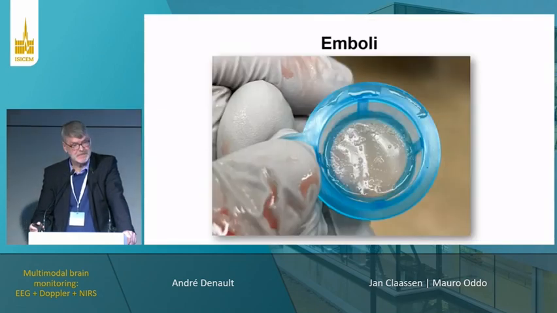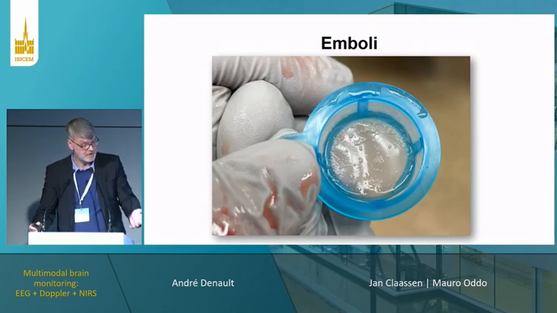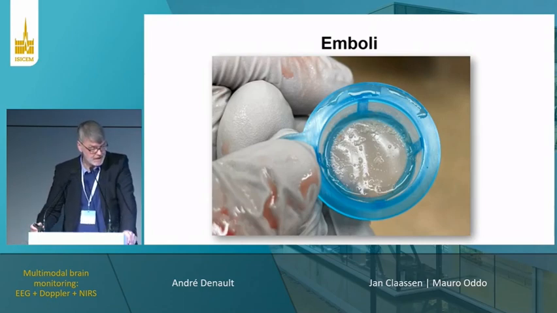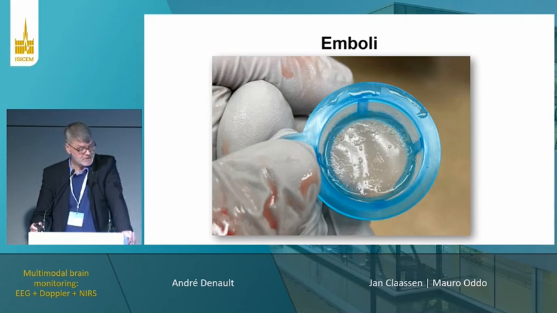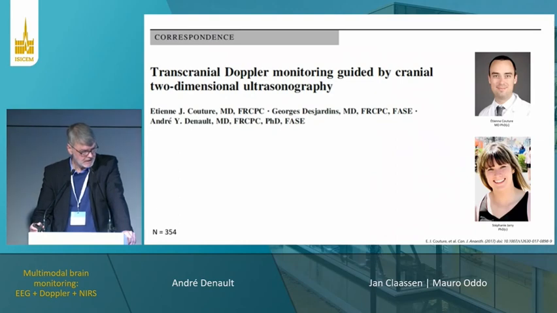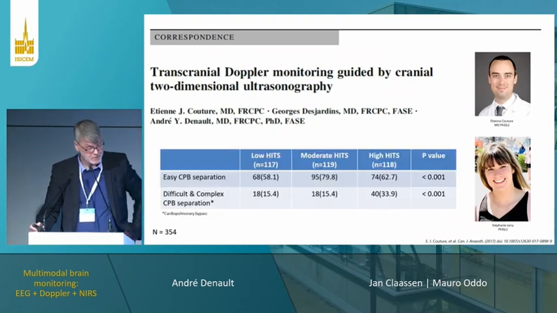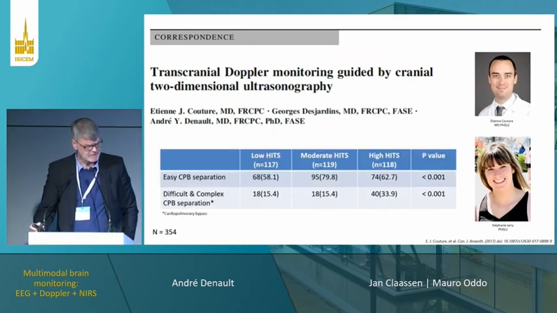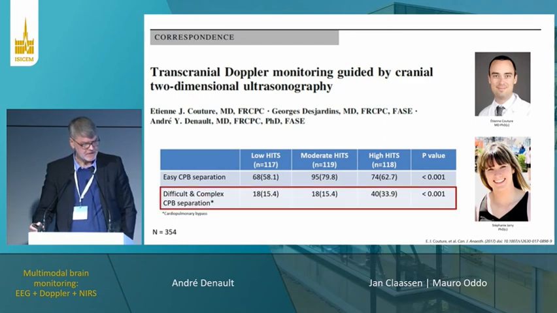But when you look what was left on this device, when you remove them, you can see there were some elements. So there are studies actually going on how can we avoid these emboli during cardiological procedures.